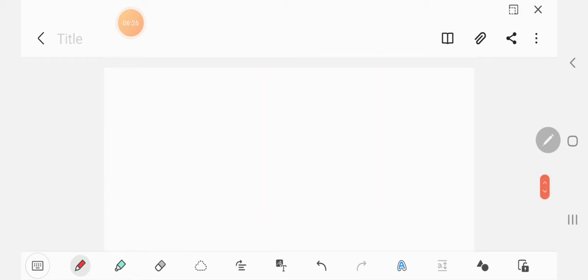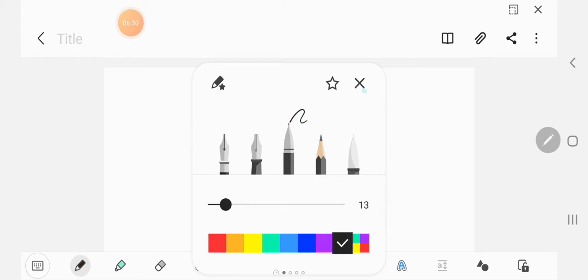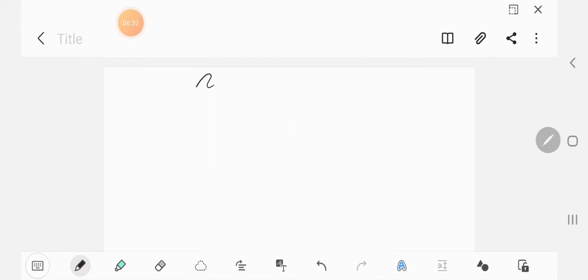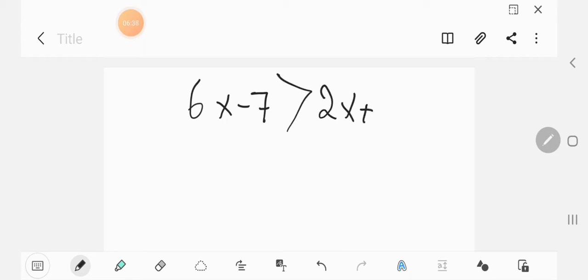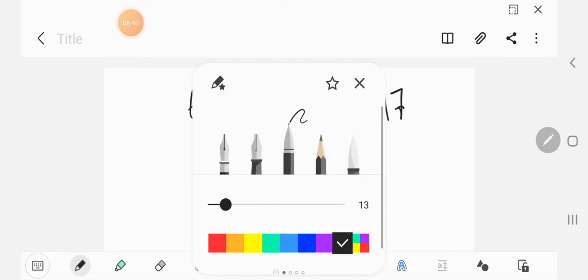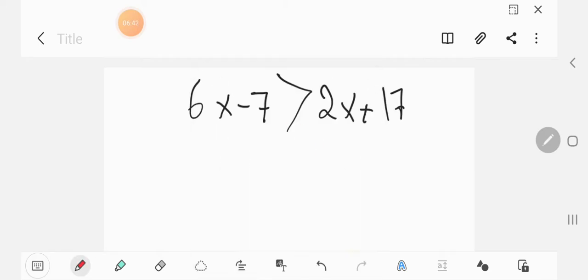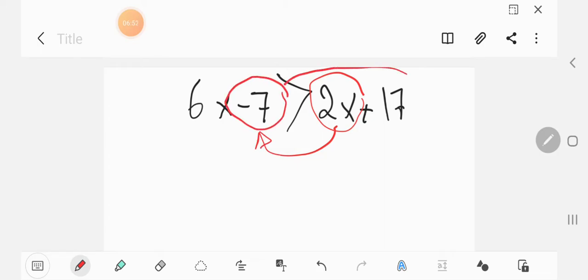Here, two variables on both sides. We have an x on both sides. Like here, 6x minus 7 greater than 2x plus 17. What shall we do? We are going to put all the variables on one side and all the numbers on the other side. 2x will go to the other side and negative 7 will go here.